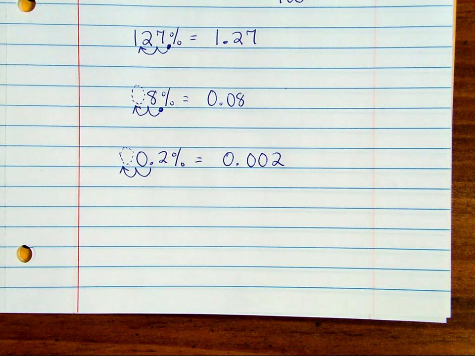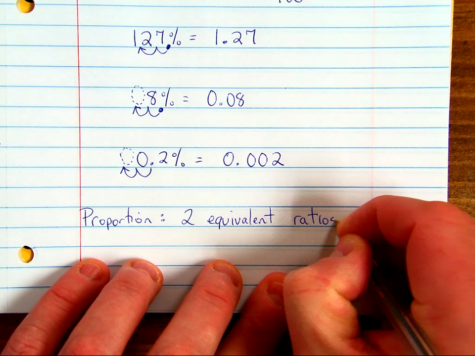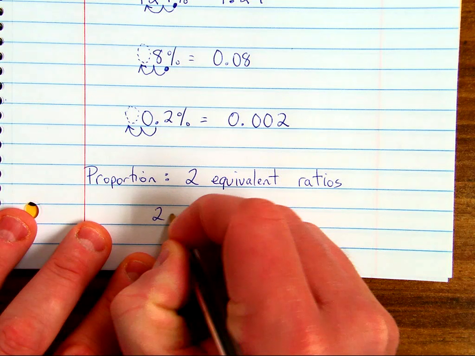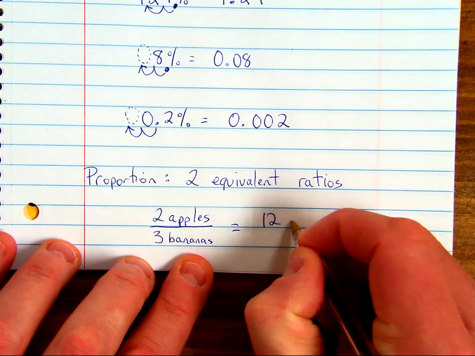For example, 2 apples to 3 bananas equals 12 apples. If I have 12 apples, then how many bananas would I need? If I have 2 apples to 3 bananas and we need to make this equal, if I go from 2 apples and all of a sudden I jump to 12 apples, how many bananas am I going to have?